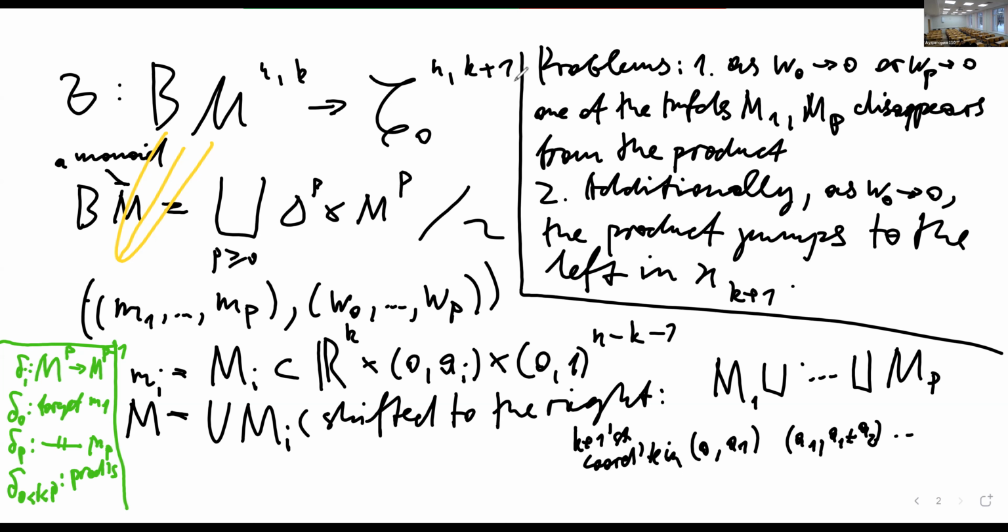The first one forgets the first component, the last one forgets the last component. The intermediate ones just take the product of two adjacent elements. Does this suffice, or should I write it in more detail? So these are the structure maps.